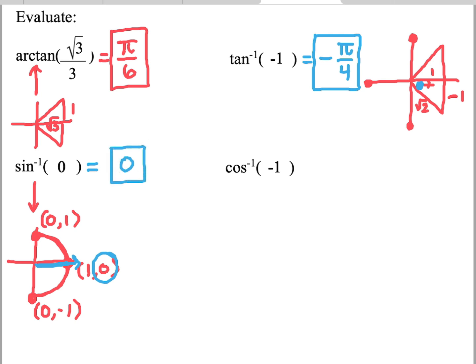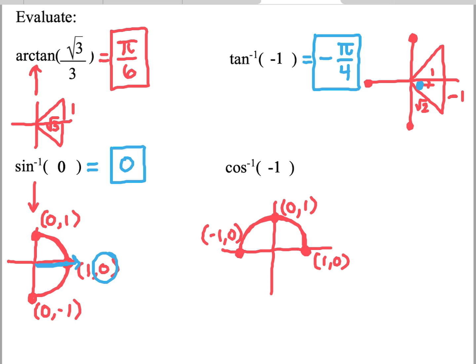Let's try the same thing for cosine. Do you remember how cosine is different though? For cosine, we're not looking at quadrants 1 and 4. That's the only one that's restricted differently. Cosine is restricted to quadrants 1 and 2. So again, I might just write out these 3 ordered pairs.